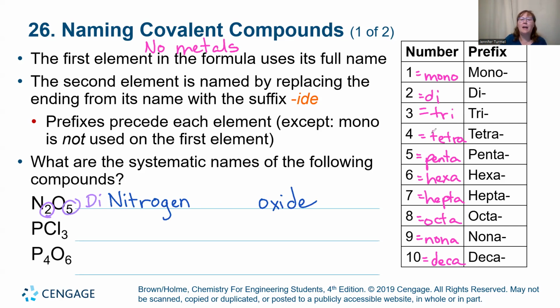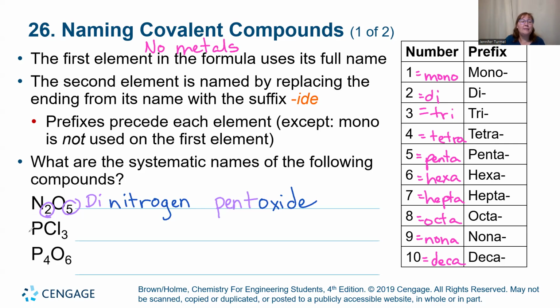And then we can see the five here, and over here five is penta. Instead of writing pentaoxide, we'll just write pentoxide. So we get dinitrogen pentoxide. And you probably would not have a capital letter here in the dinitrogen. So dinitrogen pentoxide. Great.